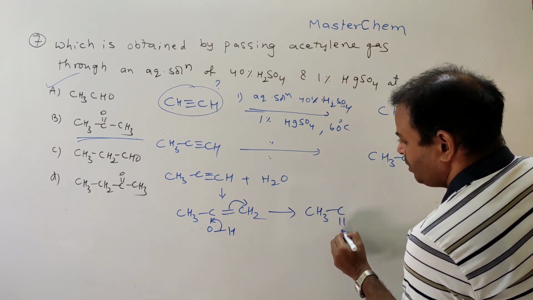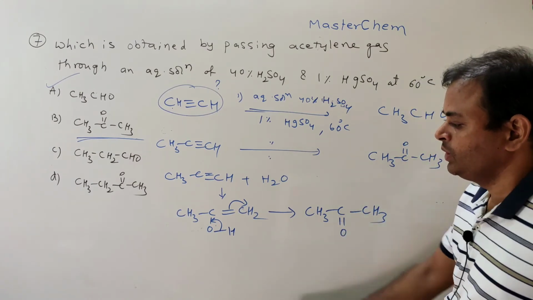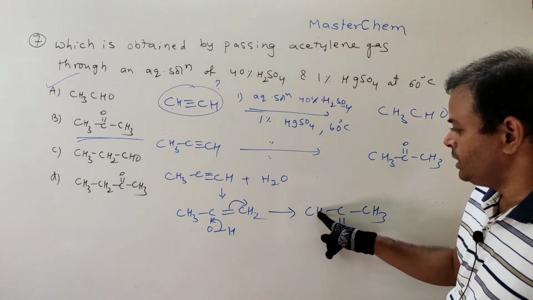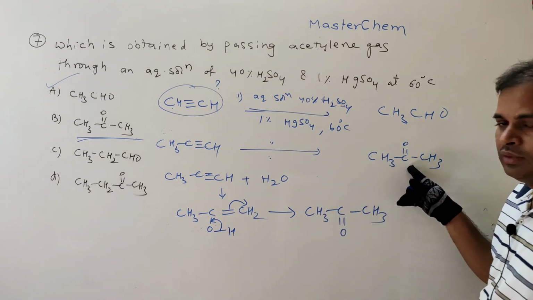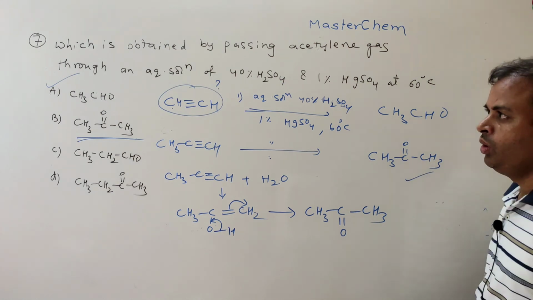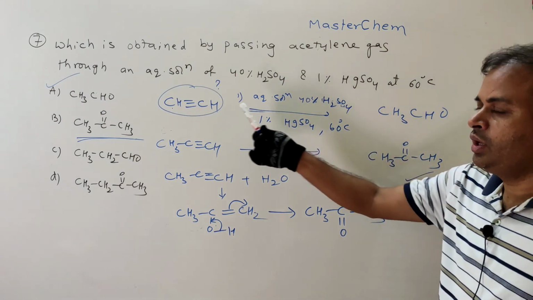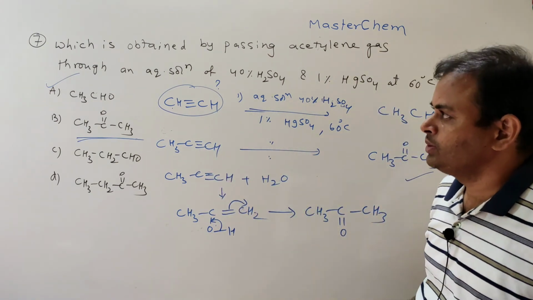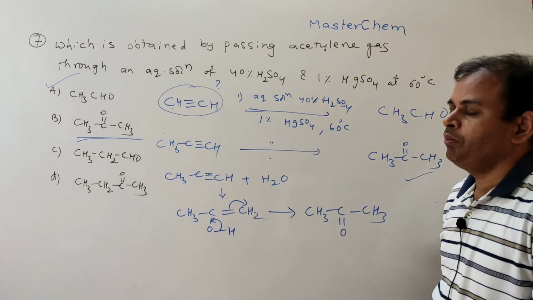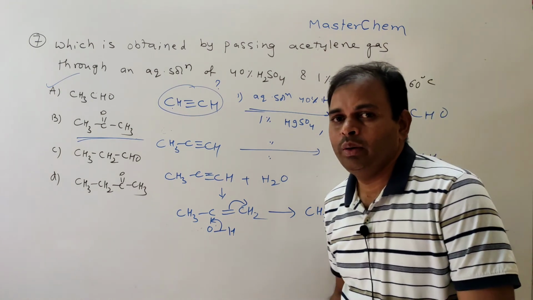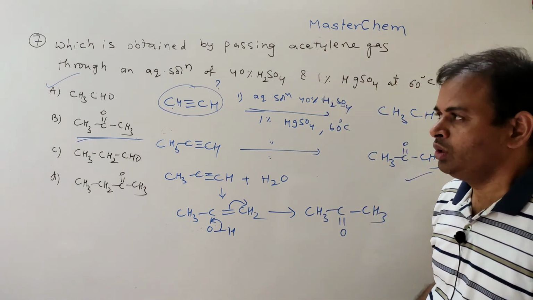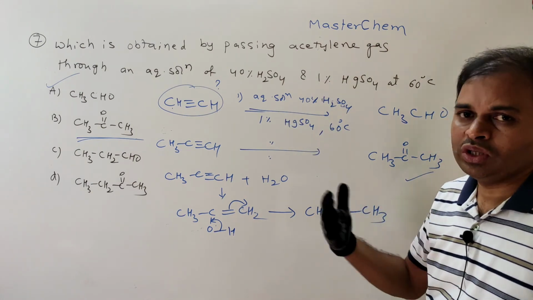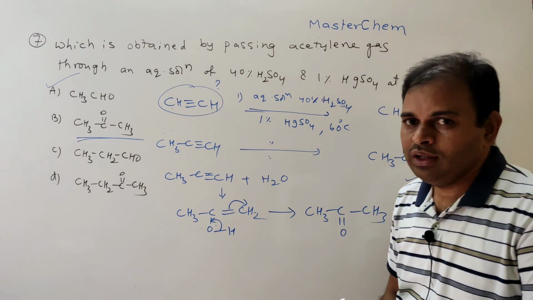CH3C(=O)CH3. Hydrogen shifts from oxygen to carbon. So to get aldehyde, we should take acetylene. To get ketone, propyne. So this is about the first part of preparation methods of carbonyl compounds through questions and answers. Okay, so remaining questions we will discuss in the second part.